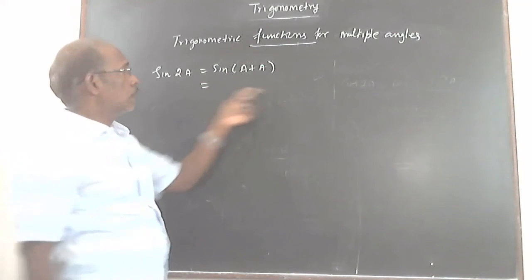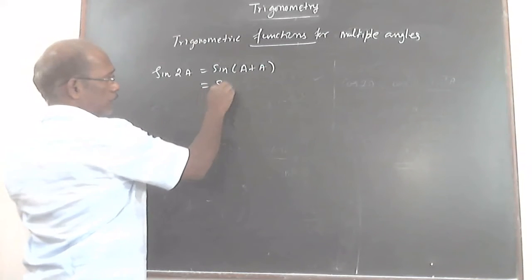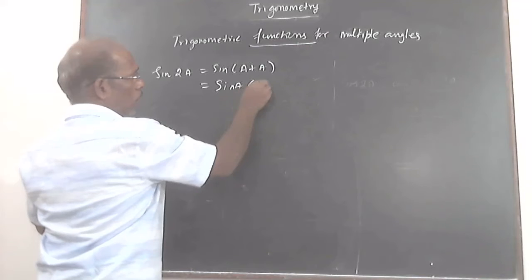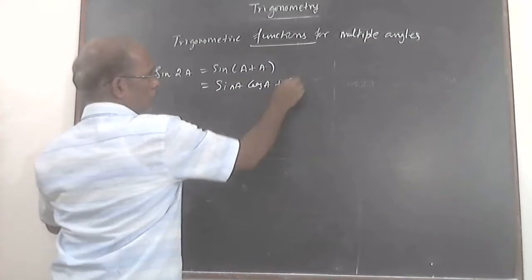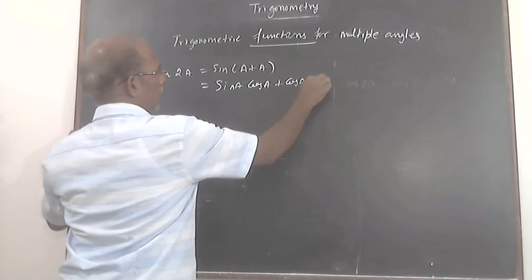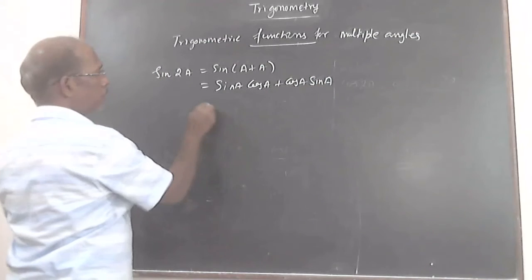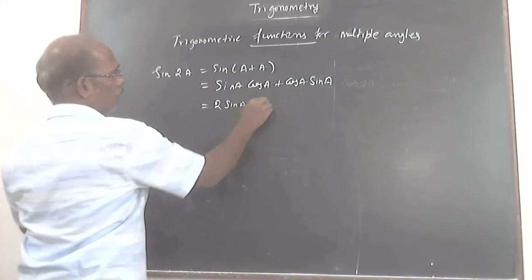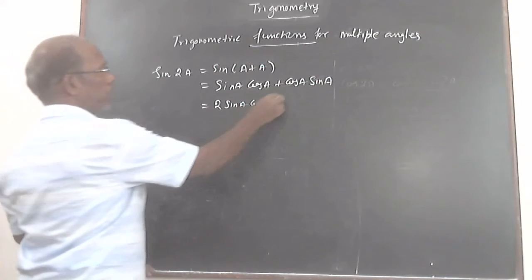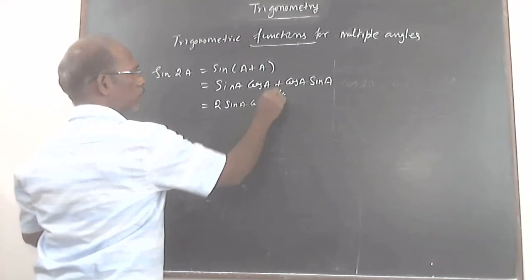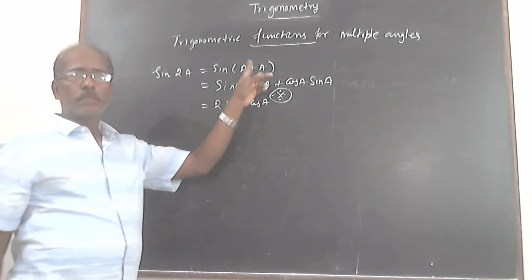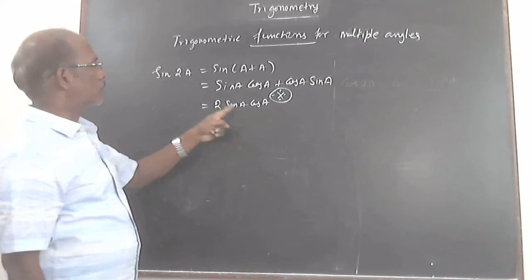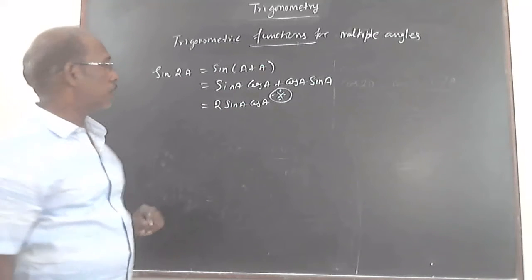Using that, sine a cos a plus cos a sine a. Repeated terms, so 2 times sine a cos a is sine 2a, another most important conversion in trigonometry. Sine 2a equals 2 sine a cos a.